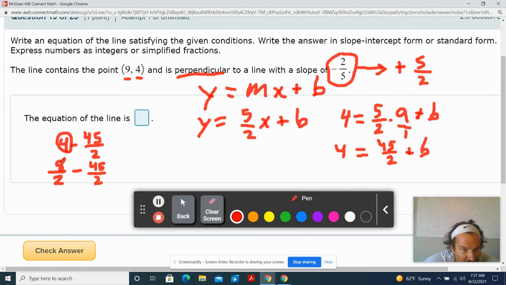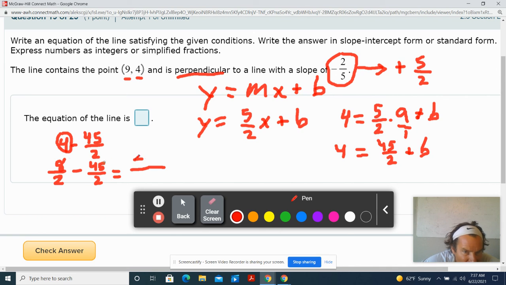Okay, so 8 over 2 is the same as 4. And now I take the 8 and subtract 45. 8 minus 45. That's going to be a negative number, isn't it? What's 8 minus 45?